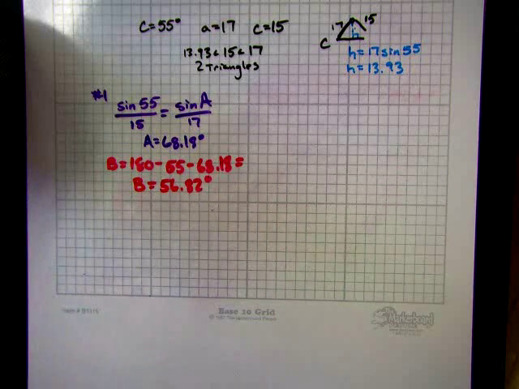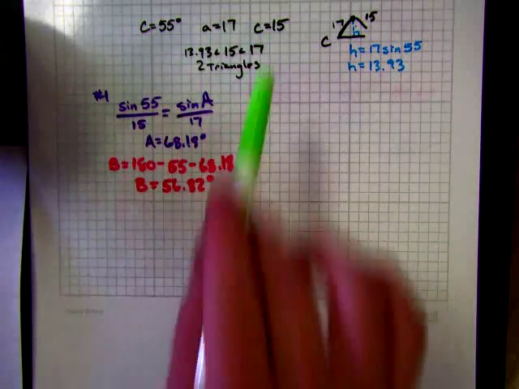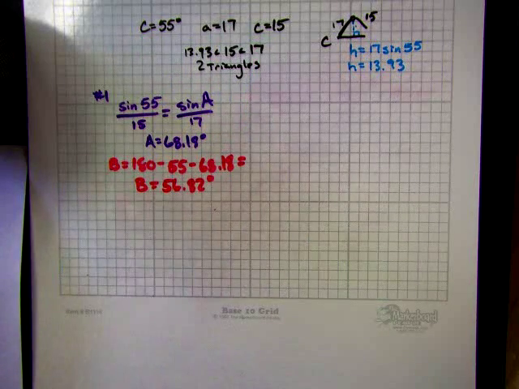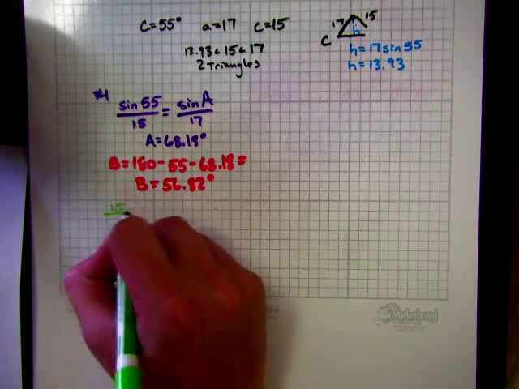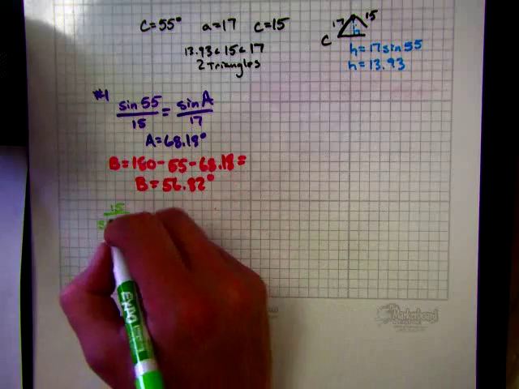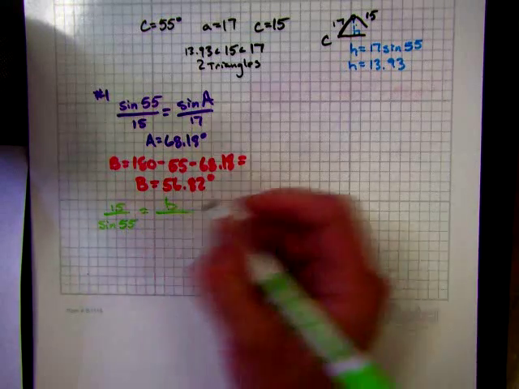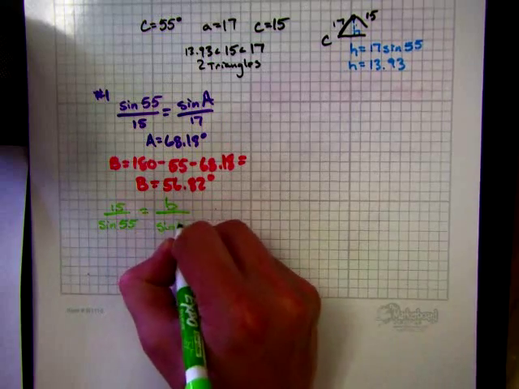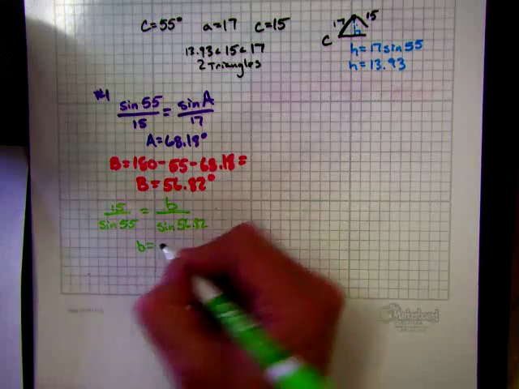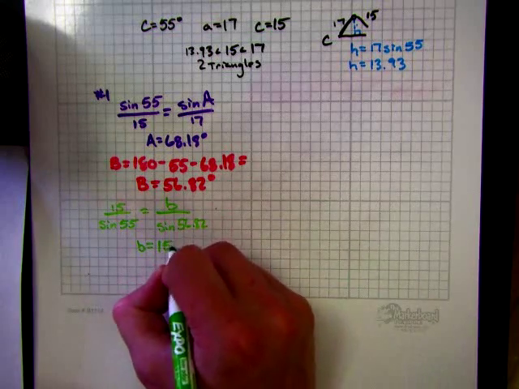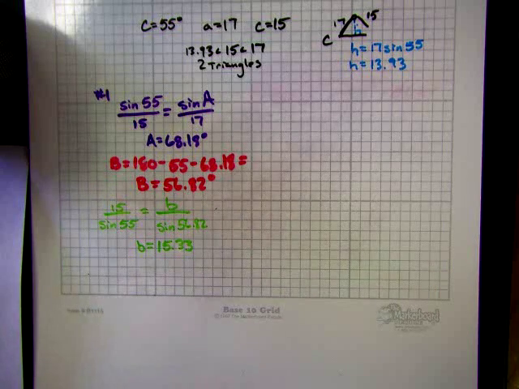So now I have angle A and angle B. Using angle B and my givens for angle C and side C, I'm going to find side B. So I have 15 over sine 55 is equal to B, the side I want to know, over sine of 56.82. Plug this into my calculator, going to give me a value of 15.33 for side B.